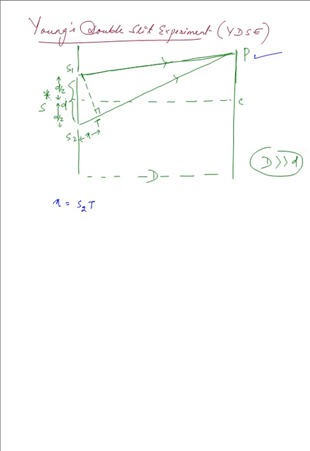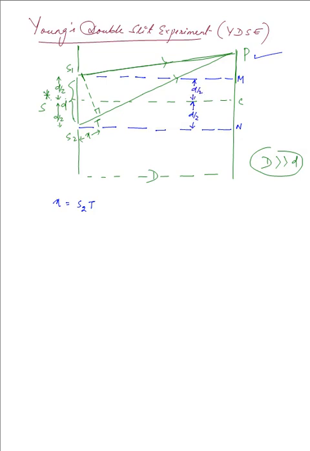Now, from the point S1, I am considering a point M, which is exactly aligned to the point S1 on the screen, and from the point S2 let me take a point N, such that MN, the distance between them, is going to be d, and between CM and CN, the distance is going to be d over 2, small d over 2, as we know it.